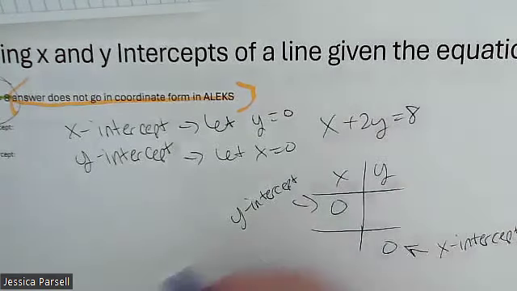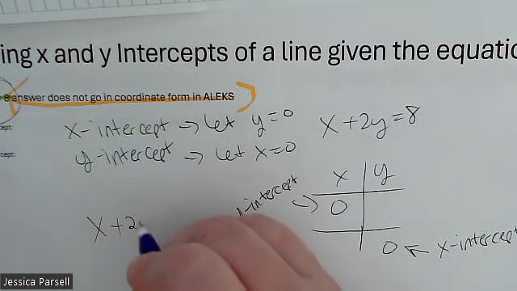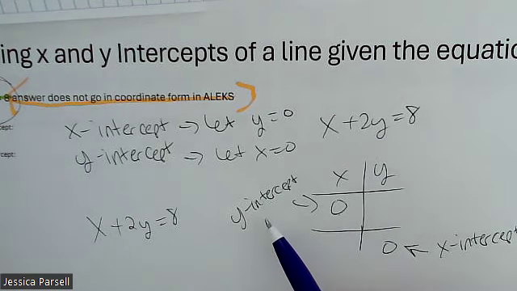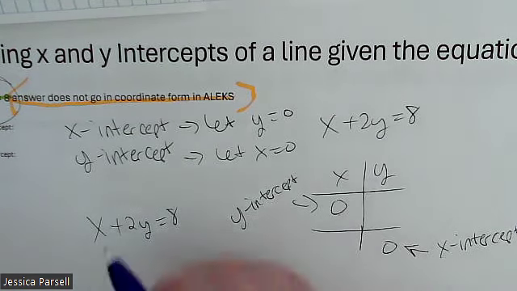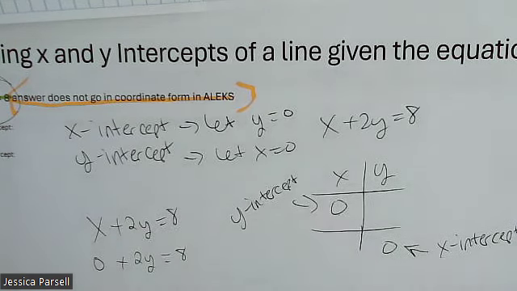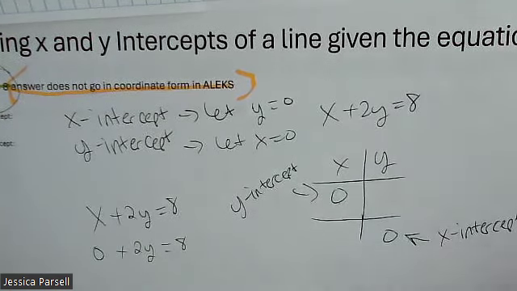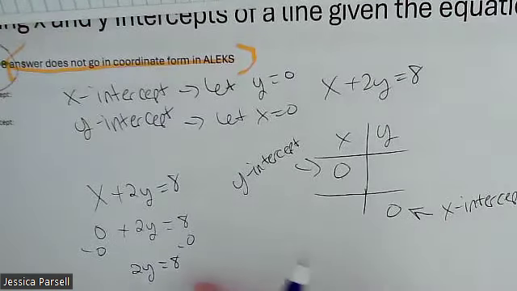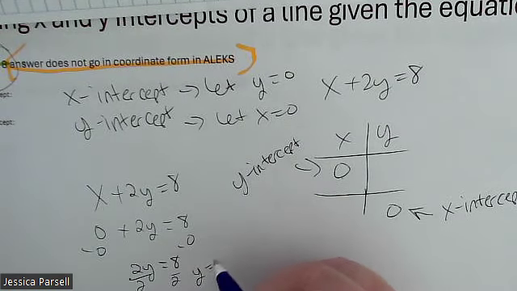We've got this crazy little equation, x plus 2y equals 8. Let's put a 0 in for x and see if we can get it to give birth to the y-intercept. I'm going to put a 0 in for x plus 2y equals 8. Okay, I can just subtract 0 from both sides. 2y equals 8. And then I want to know what y is, so I just divide each side by 2, and y is equal to 4.